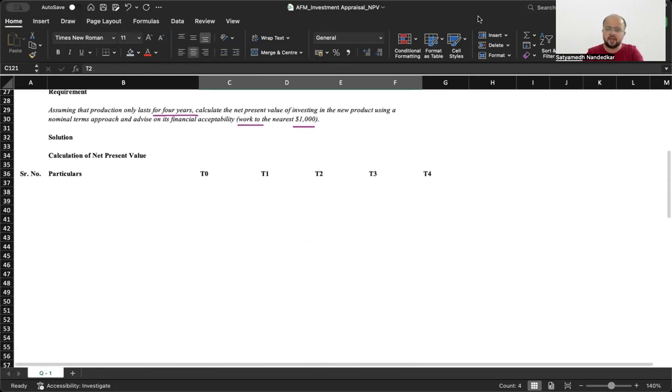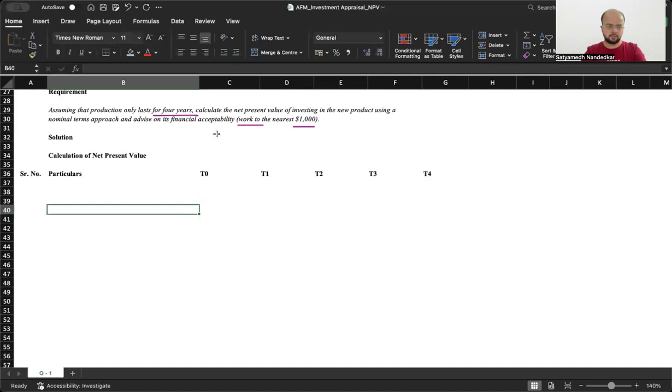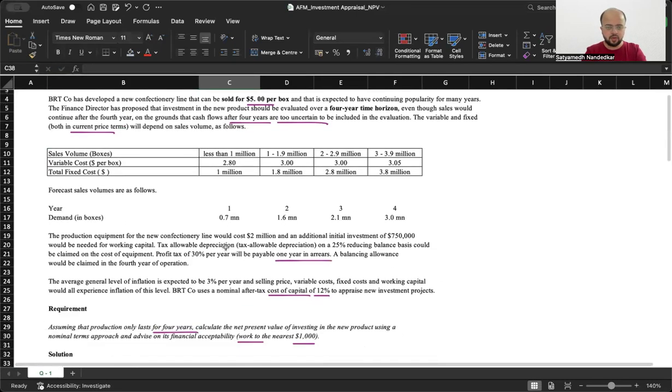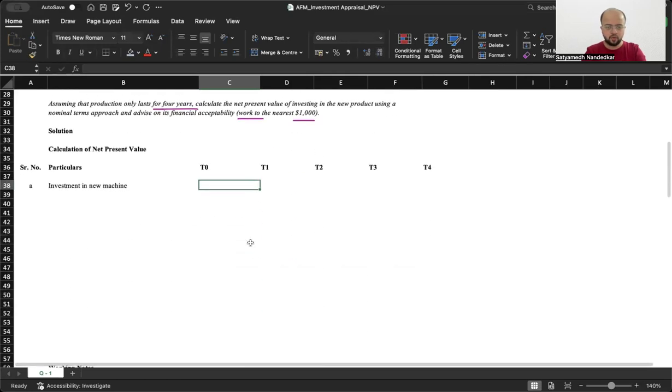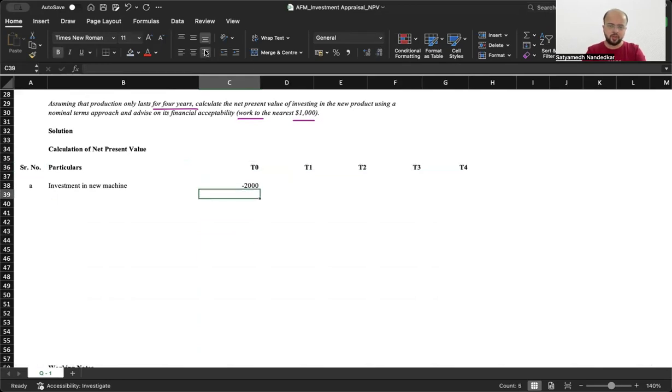Now, what we have to do is populate the statement of net present value. Let's start with the first line item, which is investment in new machine. How much is the new machine for? The new machine is for 2 million, and the answer working has to be in thousands, so you will have to do it accordingly.